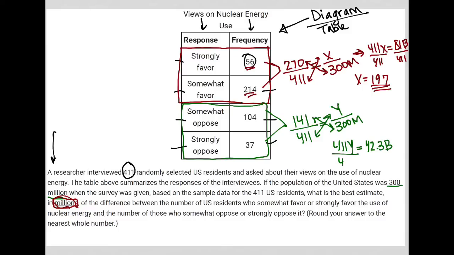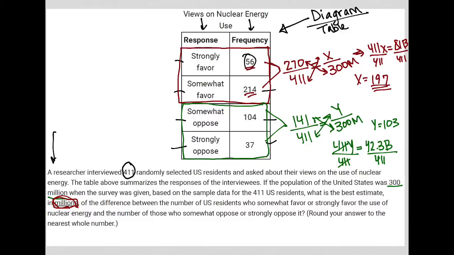Again, I'm going to divide both sides by 411. So divide that 42.3 billion by 411. And rounding that, I get basically 103 million. So y equals 103 million.